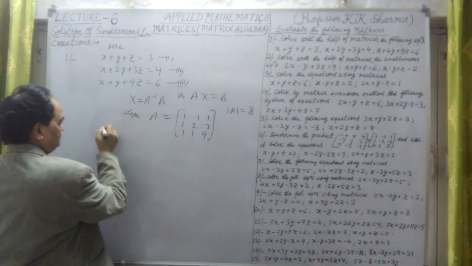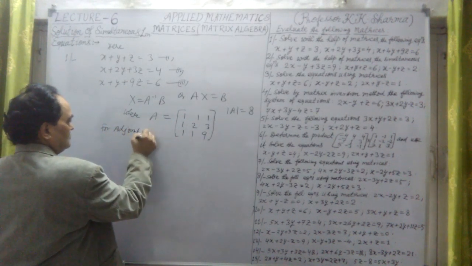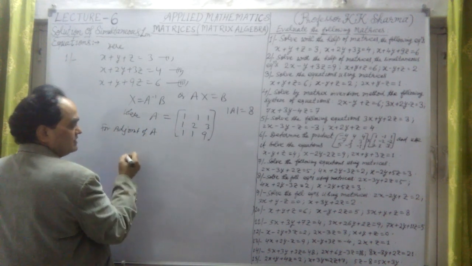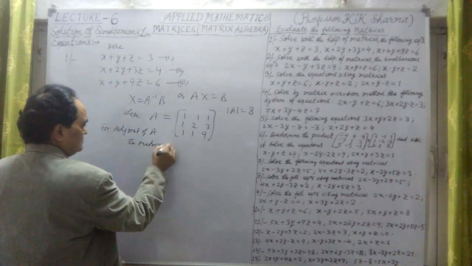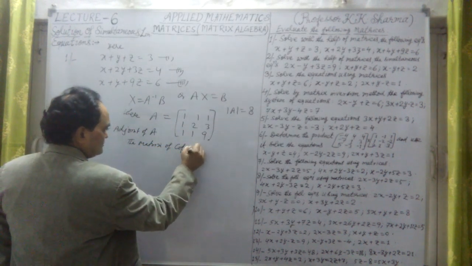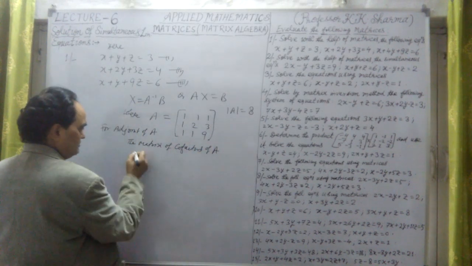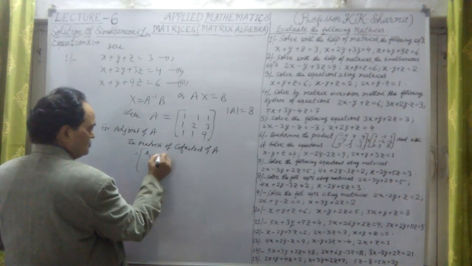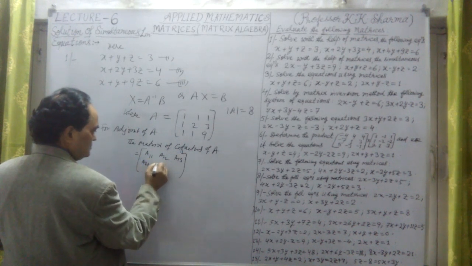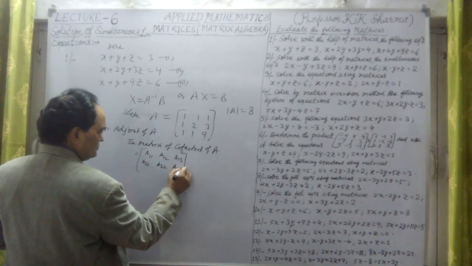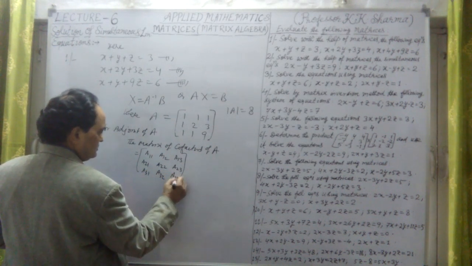Now for the adjoint of A, the matrix of cofactors of A, let me denote it as A11, A12, A13; A21, A22, A23; A31, A32, and A33.